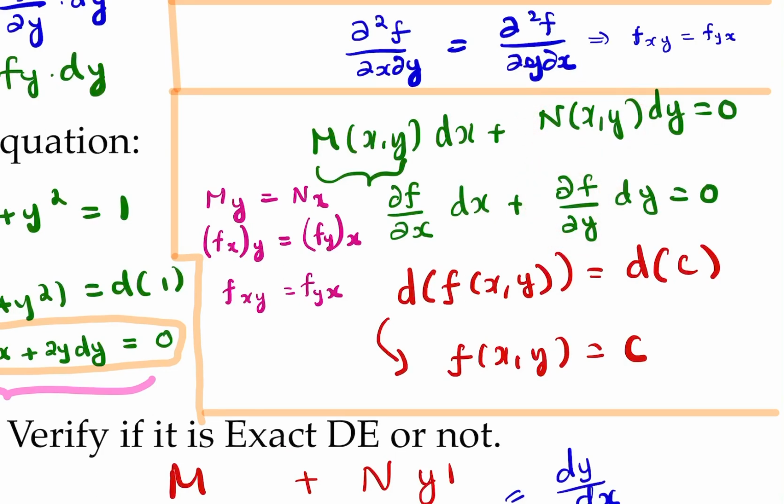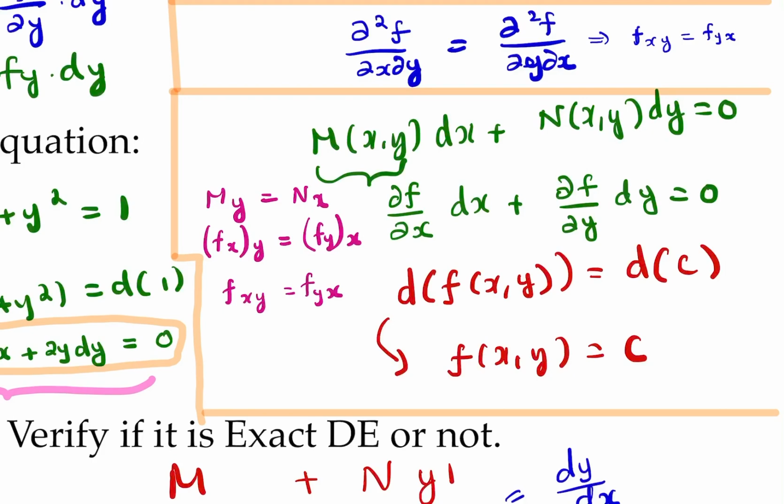If that happens, that's what we're verifying, whether it's exact or not. Then since these two came from exactly the same function, I can do this, and here's my solution right there. And that is the idea in solving this exact differential equation.